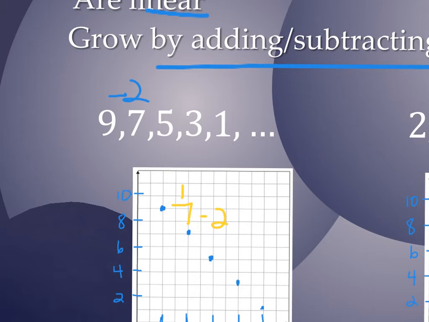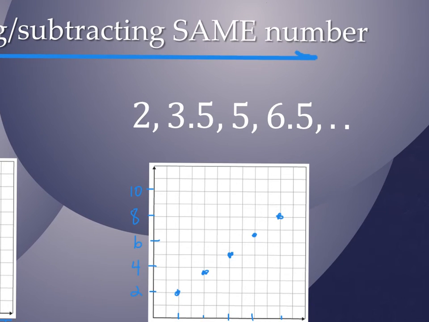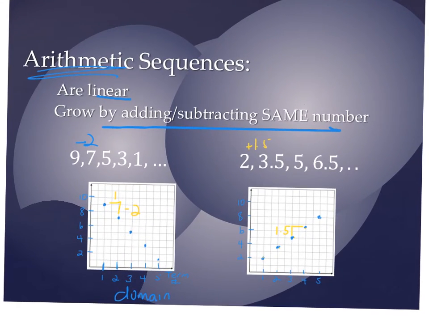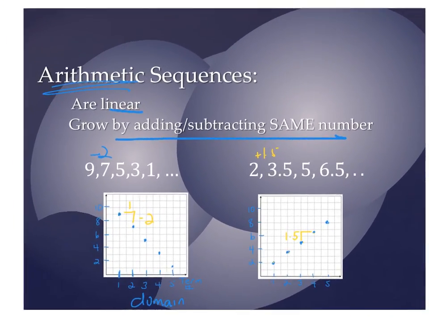And this other one over here has a growth factor or a slope or a sequence generator of 1.5, which you can see in a slope triangle right there. But because it is a sequence, we're only going to have these discrete points and not a continuous thing. Arithmetic, linear, whoops, and wonky.